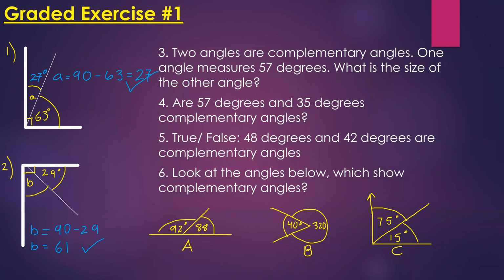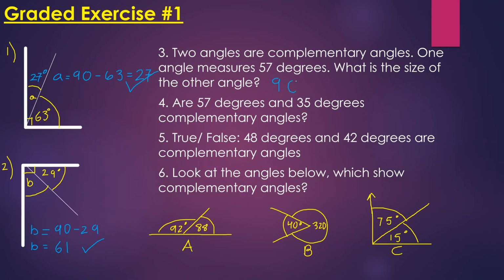Number 3, Bailey, can you read number 3, please? Two angles are complementary angles. One of the angles measures 57 degrees. What is the size of the other angle? How are we going to get that? So to do that, we subtract 57 from 90, and the answer is 33 degrees.